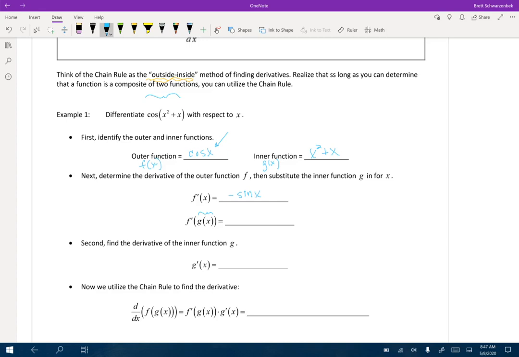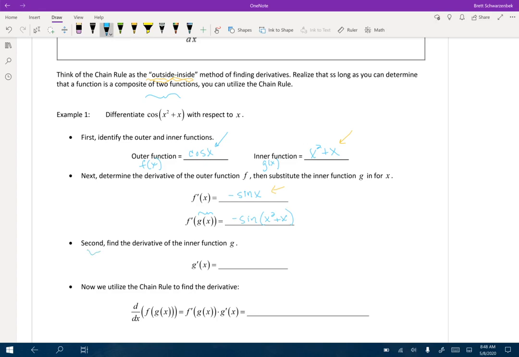If we took this function and composed it with x squared plus x, what would that look like? I would take negative sine and put x squared plus x wherever I see x, and I would get that. So that is f prime of g of x.